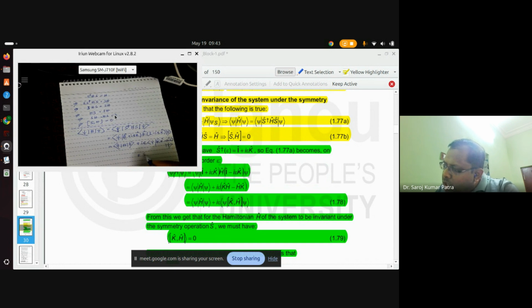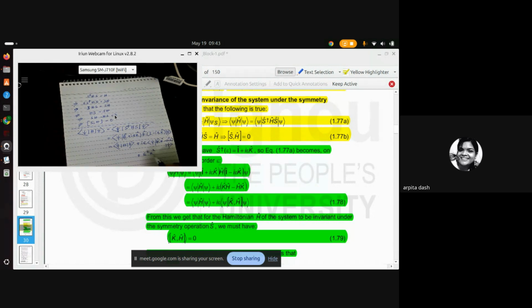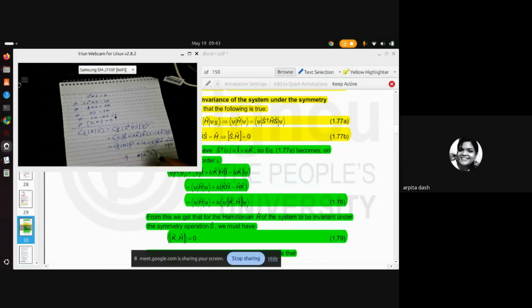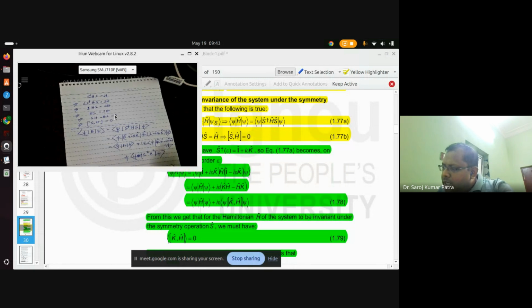So it will be epsilon square K square. Let me write down here. Then it will be psi over here and psi over here. This kind of term will come, right? Is it clear? Now epsilon is very small, so we can drop epsilon square. Higher order terms we can drop. So what we will have?